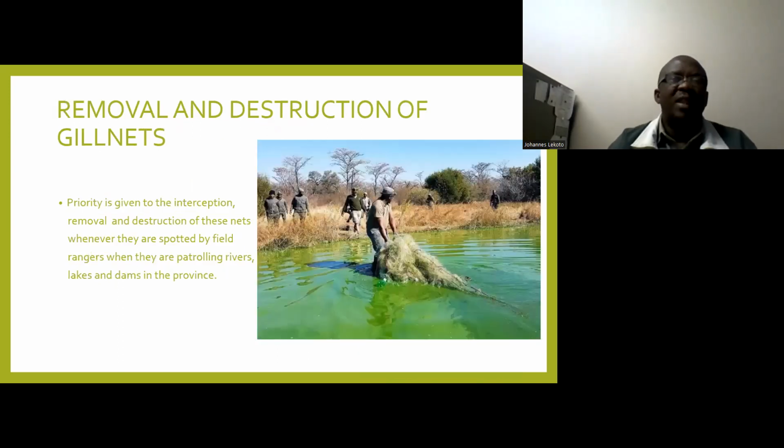I'll then move to the removal and destruction of gill nets. In most cases, in our province, where there are dams and there's a problem of gill nets, we dispatch field rangers to patrol the dams, and whenever gill nets are spotted, the field rangers get into the water, drag them out, and we destroy those gill nets because they create a lot of problems in our freshwater ecosystems.